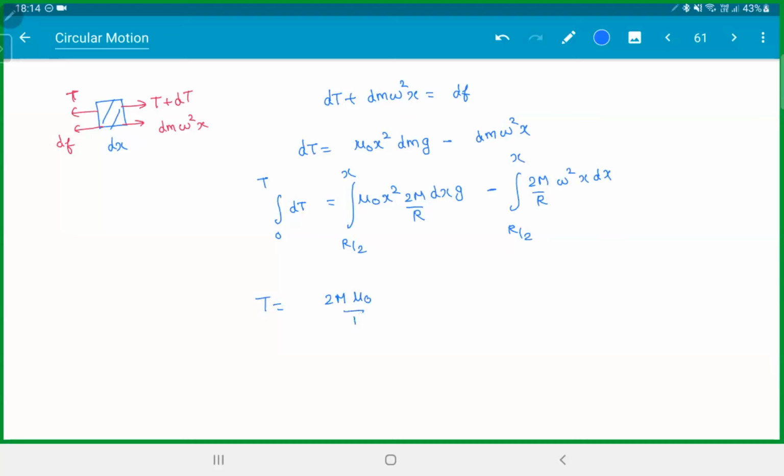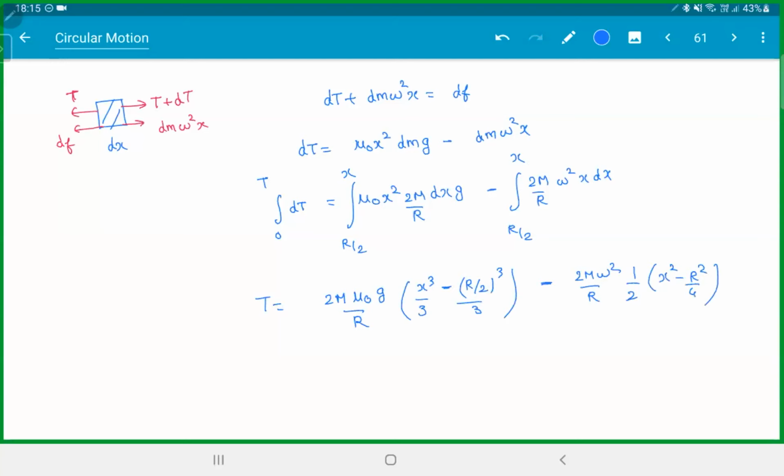That is 2m mu naught by r g, x cube by 3 minus r by 2 whole cube by 3, minus 2m omega square r by 2, x square minus r square by 4. That's your tension as a function of x.